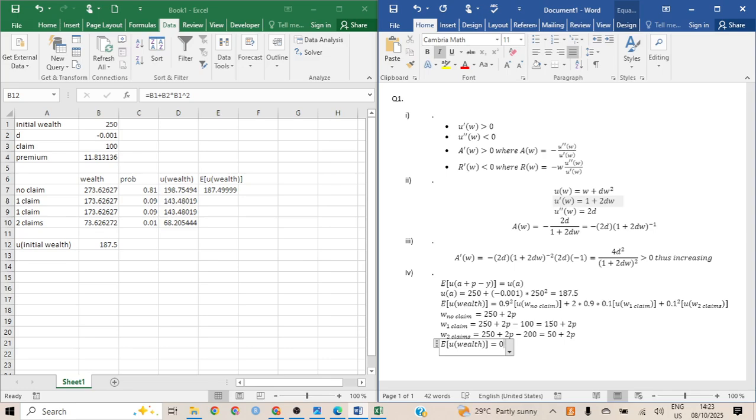So now we replace that in the initial formula, which is the expected utility of wealth will be 0.81 utility of 250 plus 2p plus 0.09 utility of 150 plus 2p. This is 150 plus 2p plus 0.01 multiplied by utility of 50 plus 2p.